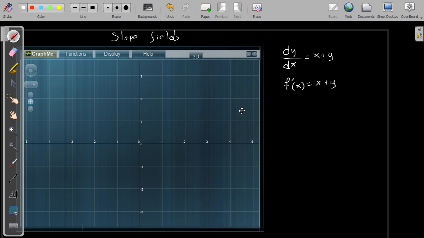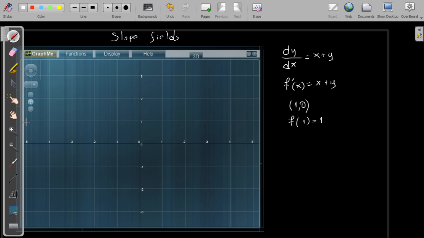So what to do to form my slope field is that I take different points on my axis and see how much the gradient of the function is. Let's start, let's take one point, 1, 0, and see how much the gradient is at (1, 0). I will see that the gradient is 1.